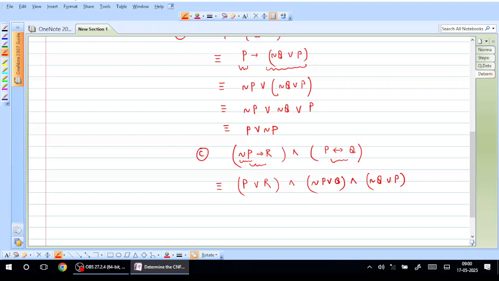So this is the complete package by which I am going to convert CNF into DNF and DNF into CNF, or any other expression into CNF or DNF.